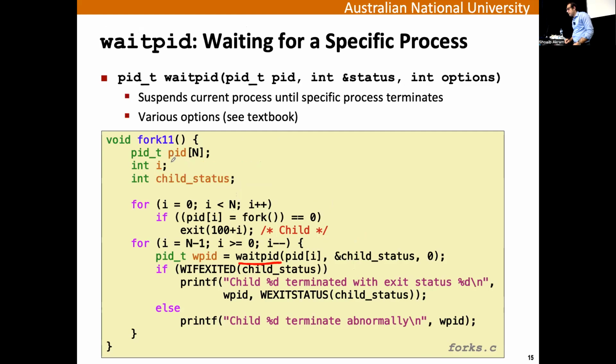Since we have stored all the process IDs in this array, the parent can then use waitpid and pass the actual PID of the child it wants to reap. Now, are the children reaped in the same order in which they are created? Yes. So i equals 0, i is less than n.